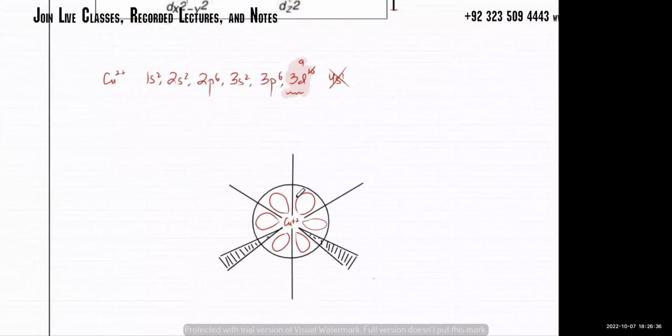Then I'll have d orbitals which would be lying on the axis. There's going to be a certain d orbital that would be existing on the axis, with electron density on the axis. So I've got all these blue ones where the electron density exists on the axis.